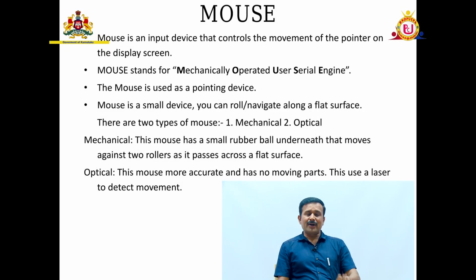This input device is more accurate and has no moving parts. The laser is used to detect movement. So it is also one of the input devices. We can also call it a standard input device. Wherever we use computers, along with the keyboard, mouse is also a standard input device.